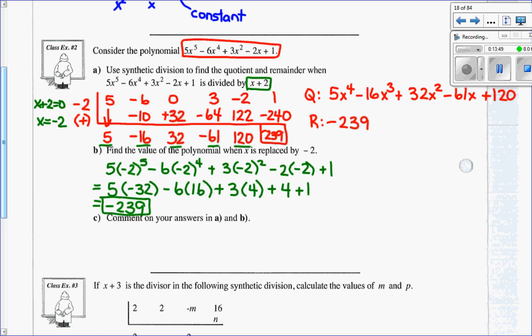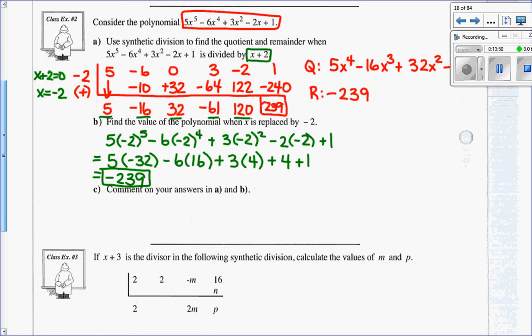And when I do that, I notice that the remainder, when I divided by x plus 2, when that was my divisor, it's the same as the value of the polynomial if I put my negative 2, this number, right back into the polynomial. So we'll write that.